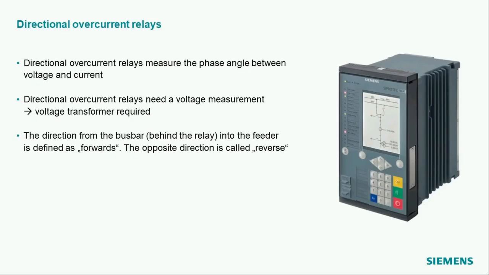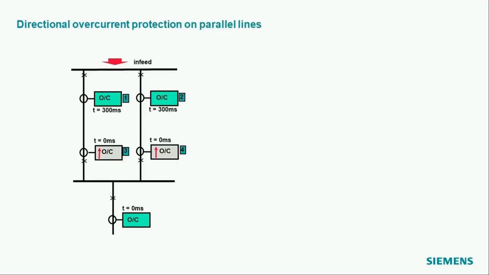So what can we do, for instance, in this case of two parallel cables with a directional overcurrent relay? Let's look at this arrangement again. On the top we have the infeeding bus, and then we have the two cables feeding the bus on the lower side, and then from there we go with radial feeders into our system. And now we assume we have a short circuit on one of the cables.